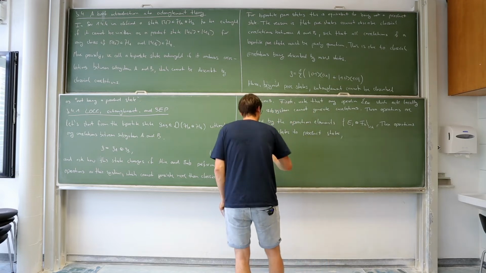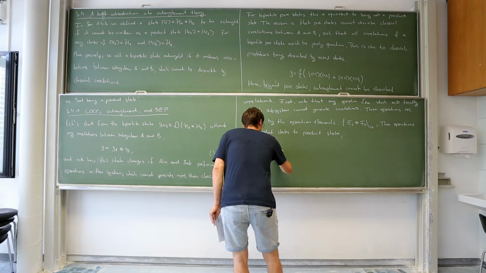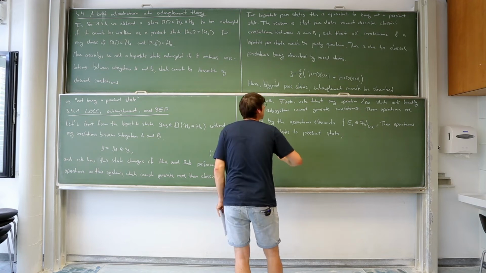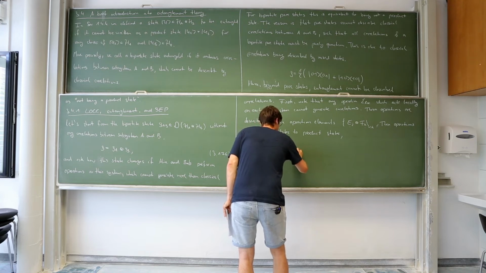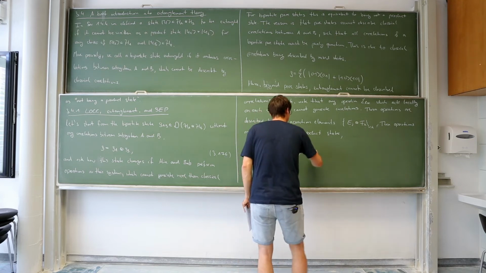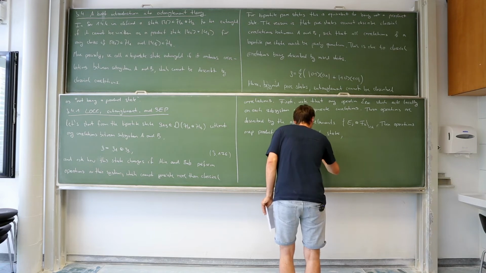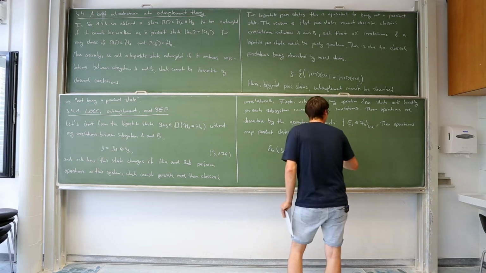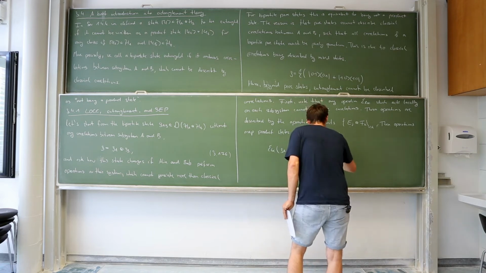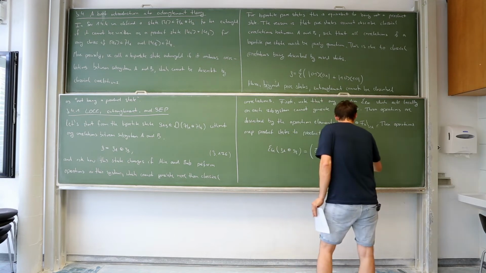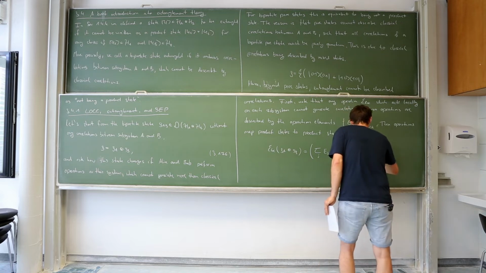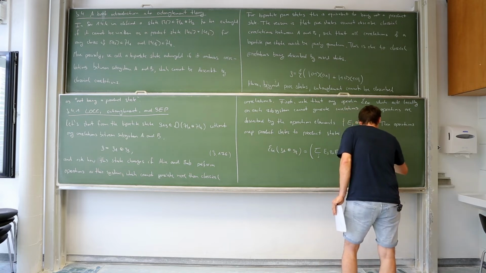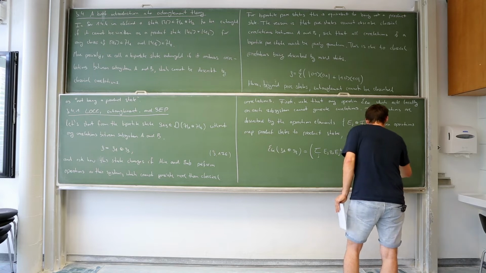So we have the operation of a local operation on rho A tensor rho B is then given by sum over j E_j rho A E_j dagger tensor sum over k F_k rho B F_k dagger.